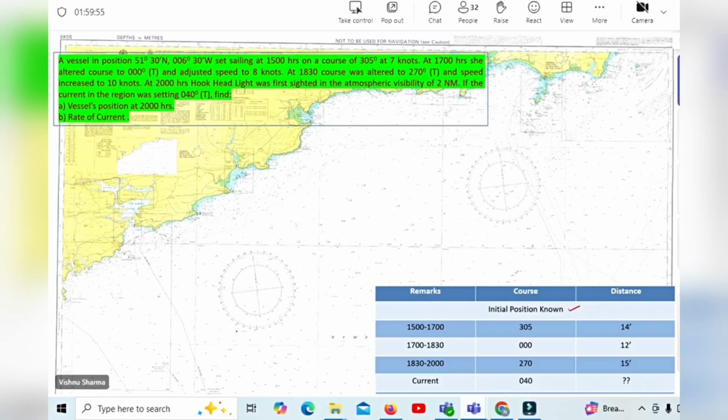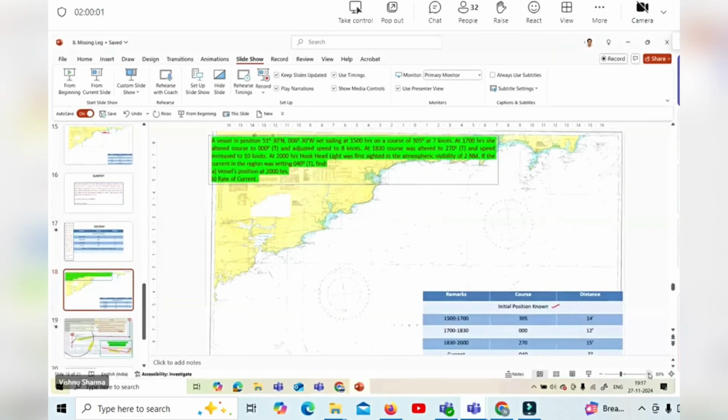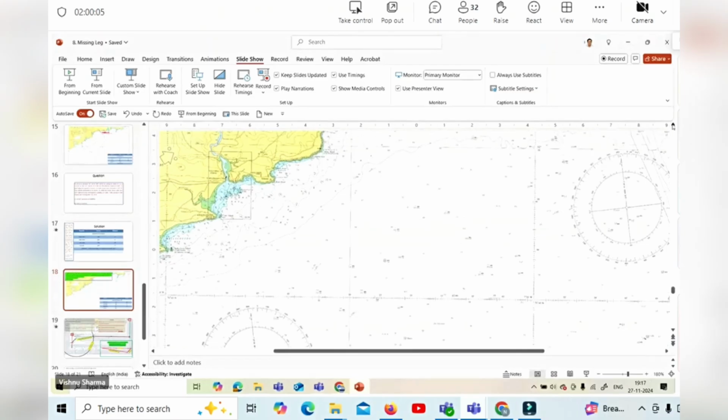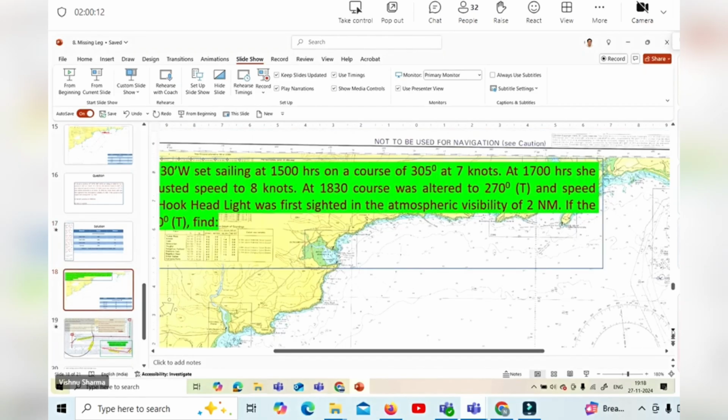Let me just see where it is. Let me see where 6 is. Let me just zoom in and see which one is 630. Six thirty.